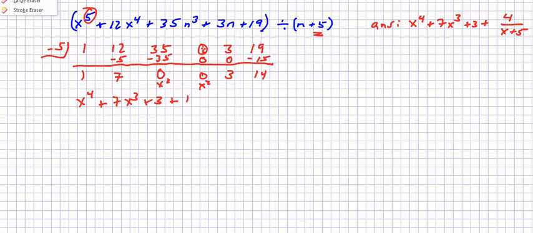That was bad. 19 minus 15 is 4, not 14. Sorry about that. Plus 4 over x plus 5. And we're done. A problem like that doing long division can be ugly.